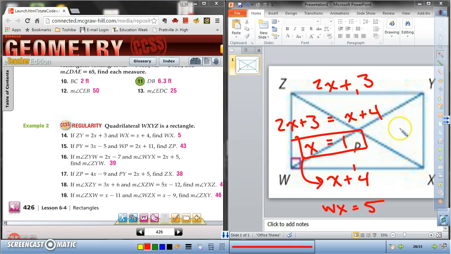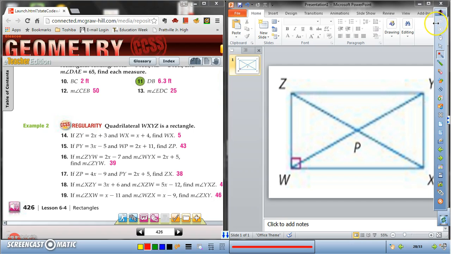All right, number 15. Now we are given that PY, so from the middle to one of the vertices, is 3x minus 5. And I'm also given that WP is 2x plus 11.